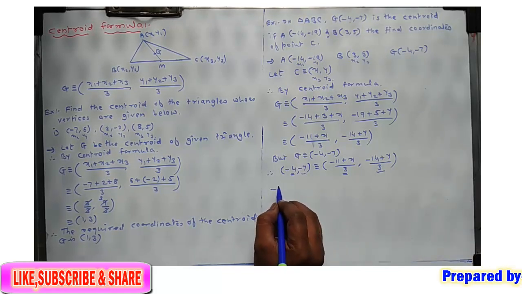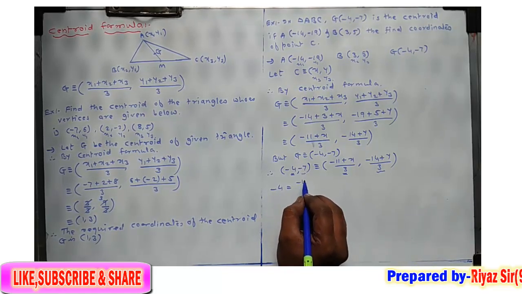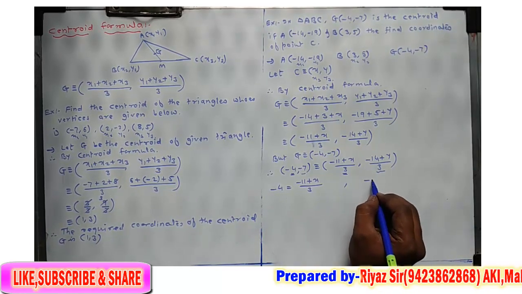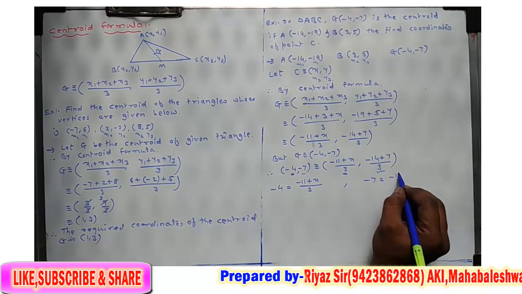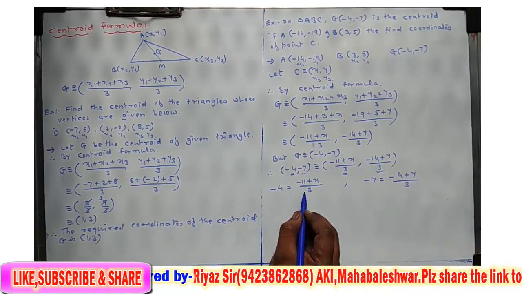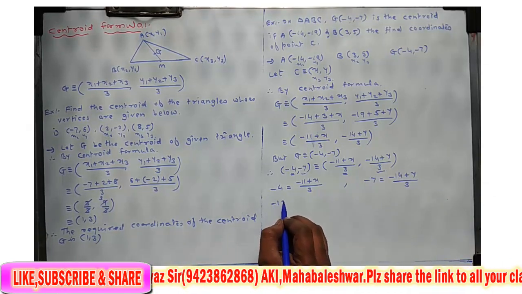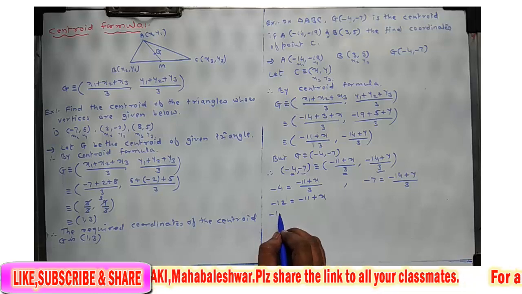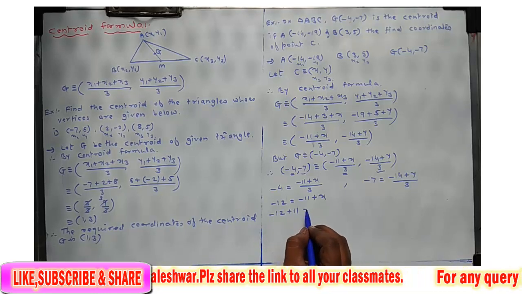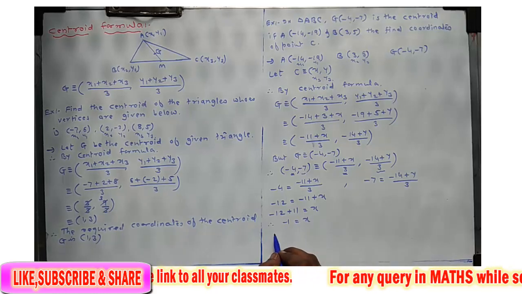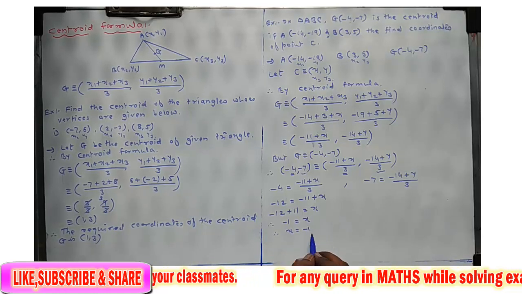So you will get minus 4 is equal to minus 11 plus x upon 3, and the second one is minus 7 is equal to minus 14 plus y upon 3. So this 3 gets multiplied here. 3 fours are, it is minus 12 is equal to minus 11 plus x. So you will get minus 12 plus 11 is equal to x, and therefore x is equal to minus 1.